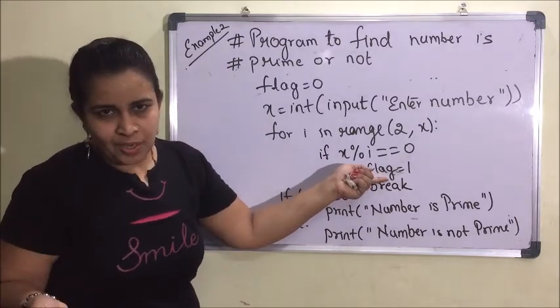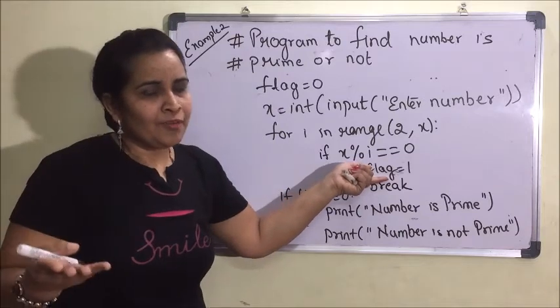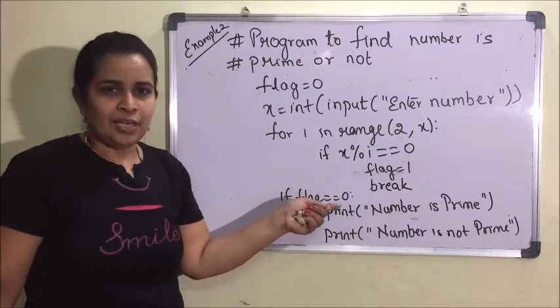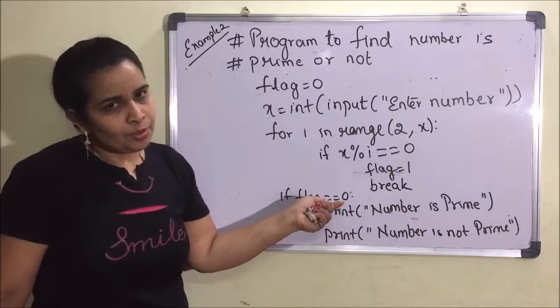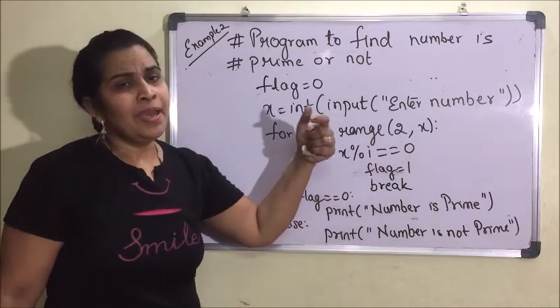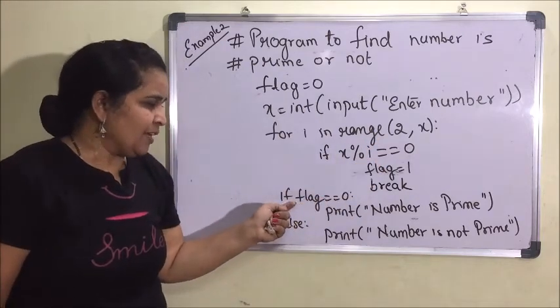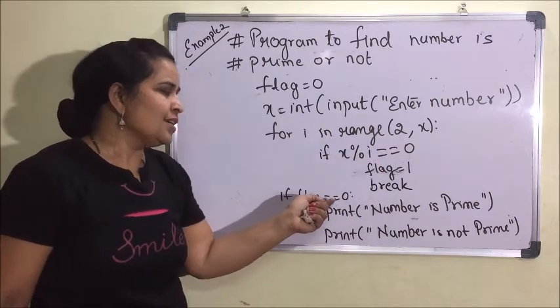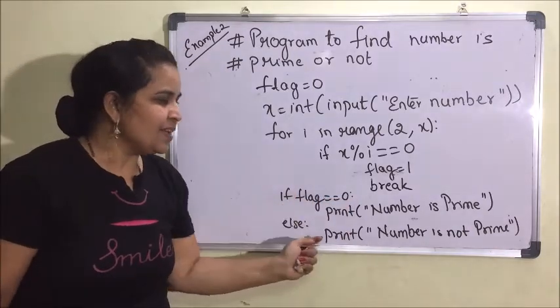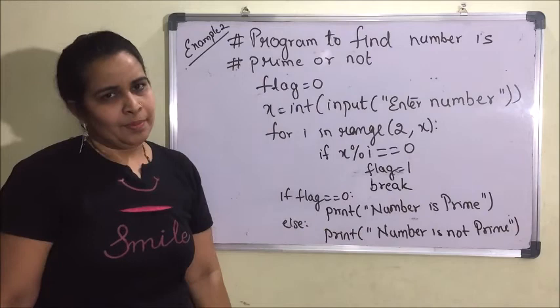It will not turn to 1. When the value of flag does not turn to 1, and we compare here that the value of flag is 0, we will come to know that it is a prime number because it was not divisible by any number. So we have taken a condition: if flag is equal to 0, it means it is a prime number, otherwise it is a non-prime number.